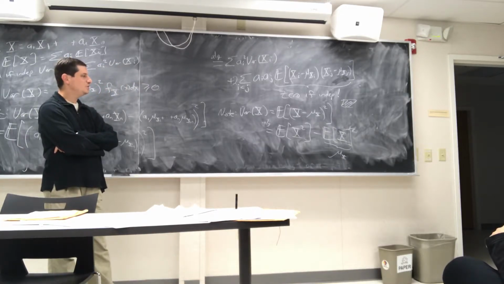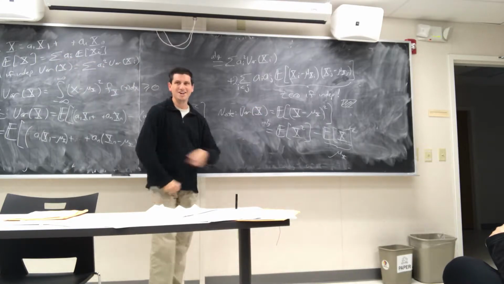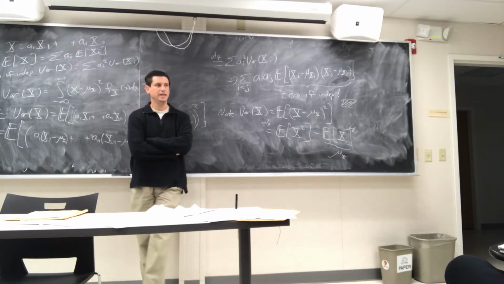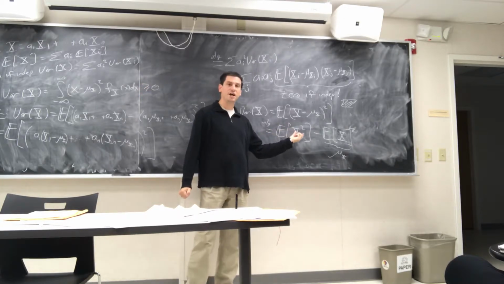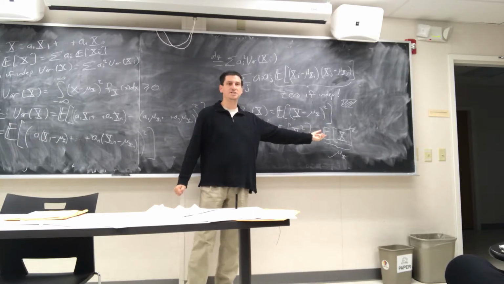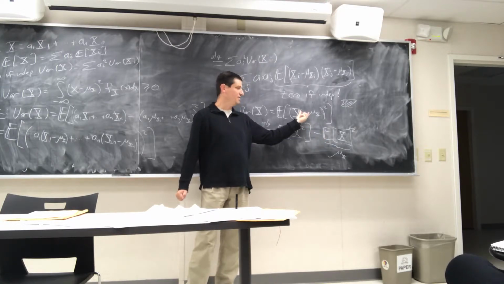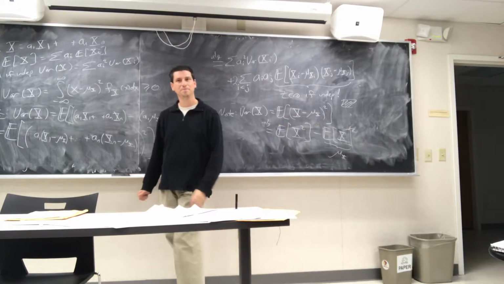It also allows you, because these two are equal, to deduce something that is not immediately clear. If I give you a random variable, is it possible that the expected value of its square is less than the expected value of itself, squared? No. Because this expression is the variance, and what do we know about the variance?